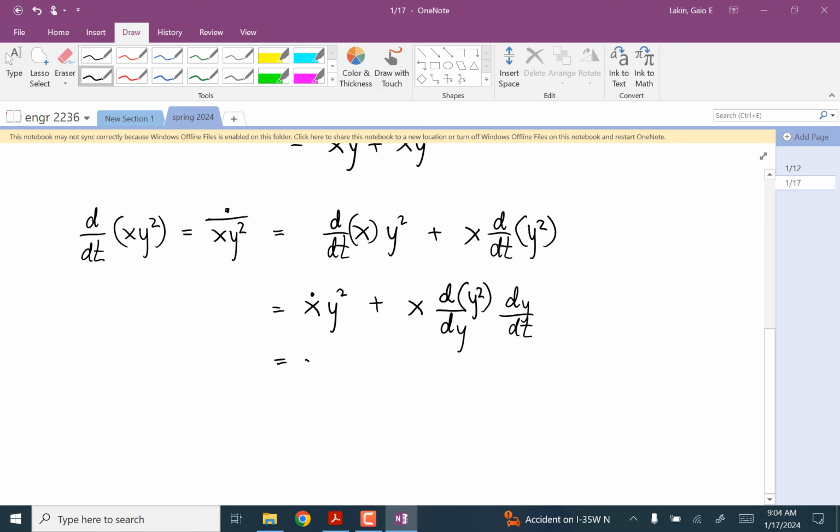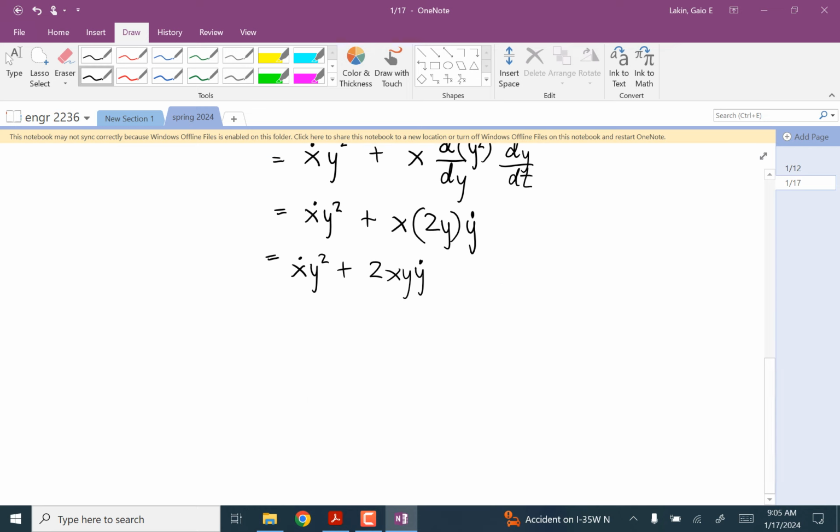And so this is x dot y squared plus x times d of y squared dy, you know that that's 2y, times dy dt, we have a name for that. And so this comes out to be x dot y squared plus 2xy y dot.